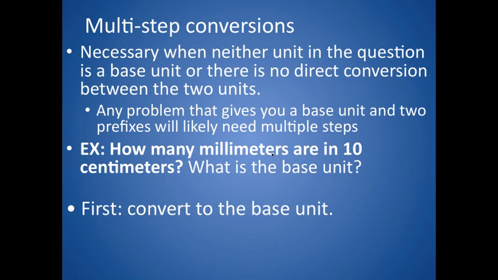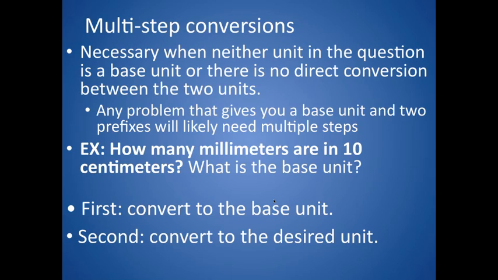First, you convert to the common unit, the base unit, because you could do centimeters to meters, and you could do meters to millimeters. The meter itself, the base unit, is the common link. So first convert to the base unit, then from the base unit get to the desired unit, the one that you're asked for in the problem.